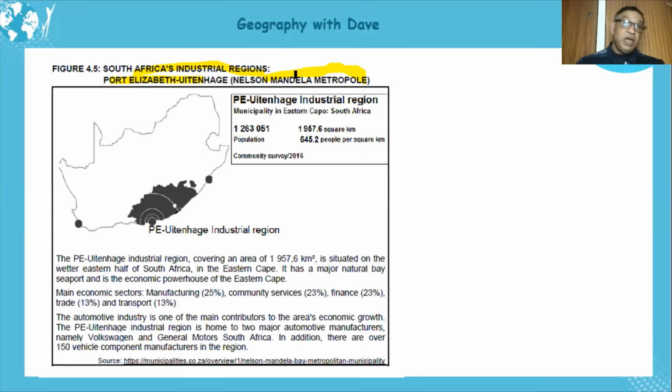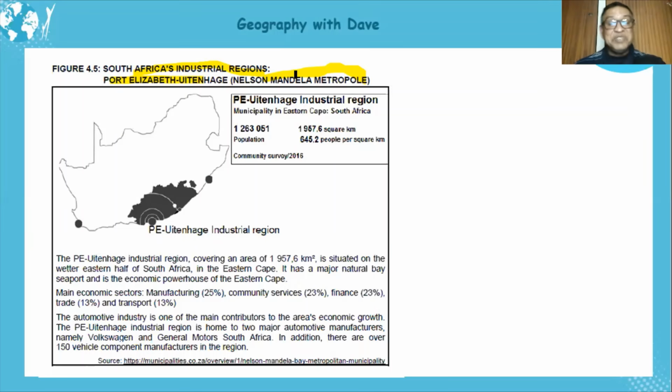So I'm doing the Port Elizabeth one here, you may get the PWV in your exam. But you learn the type of questions and the strategies. You understand that they're asking you about the area: problems, positives, negatives about the area, giving you all these different things, and it can come out. You read the articles.